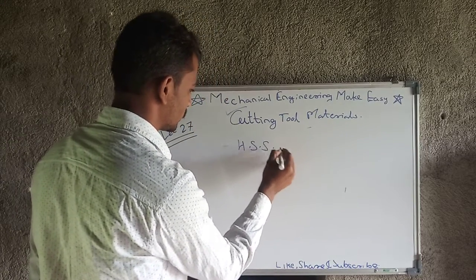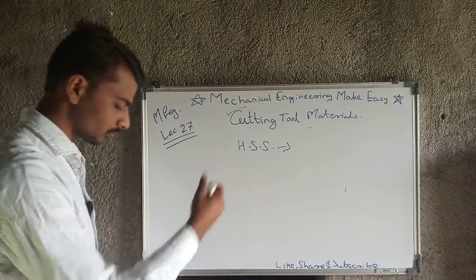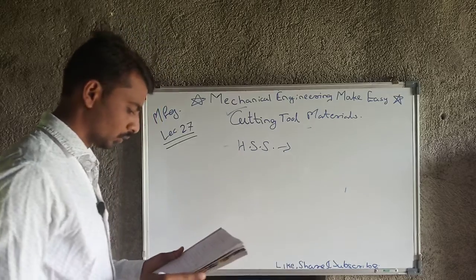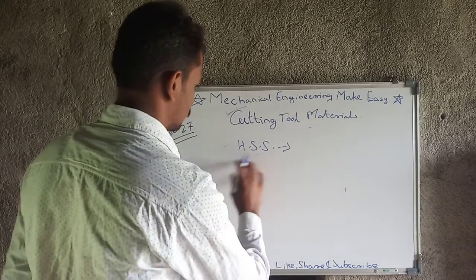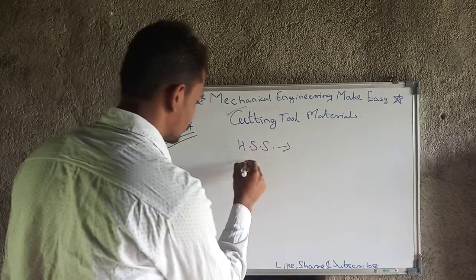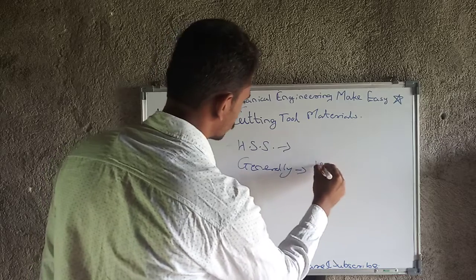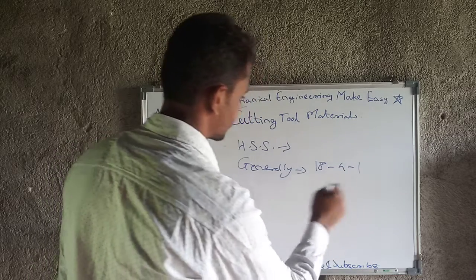High speed steel is another material that we use for cutting tools. There are different types of high speed steel, but generally we prefer to use 18-4-1 high speed steel.